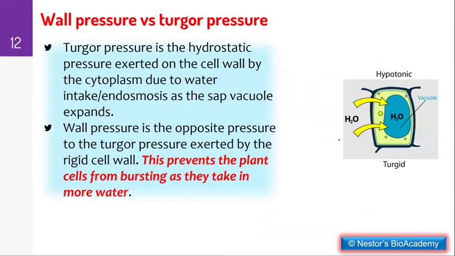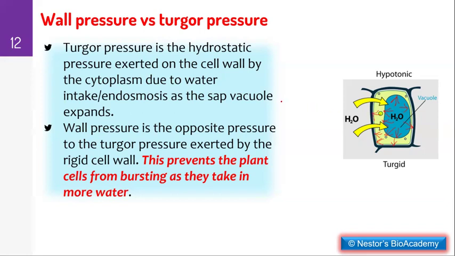So usually when water enters the cell by osmosis, when the plant cell is placed in a hypotonic environment, we expect an increase in the sap vacuole. As water enters the vacuole, its contents will be increasing, and as this happens, the vacuole will exert some outward pressure against the cytoplasm, which again exerts this pressure on the cell wall.